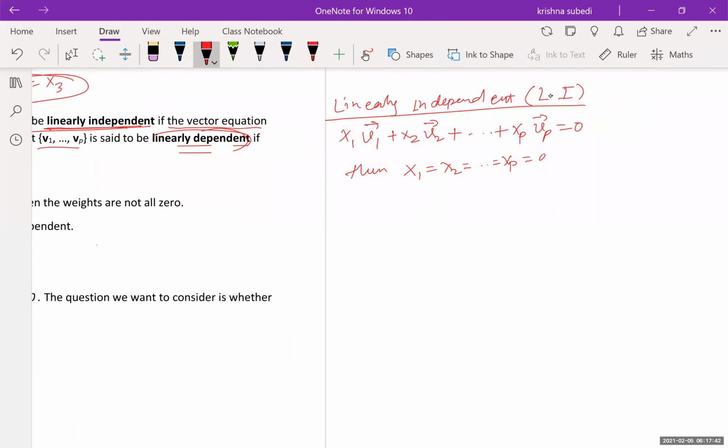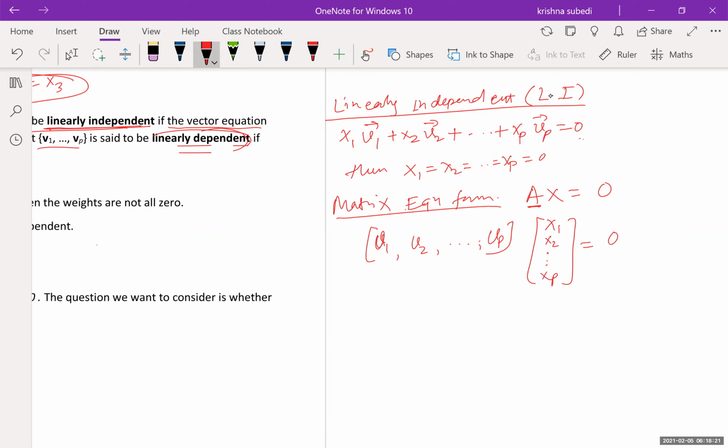In matrix equation form, we can write this as Ax equals 0, so we are talking about a homogeneous equation here. The vectors are the columns of matrix A: b1, b2, all the way up to bp. This is our matrix A, and x means x1, x2, all the way up to xp, equal to 0.